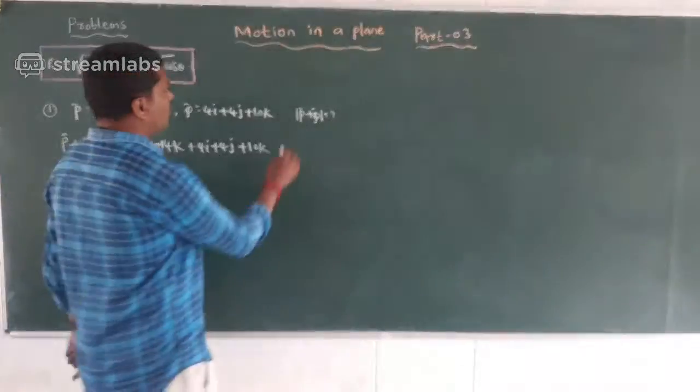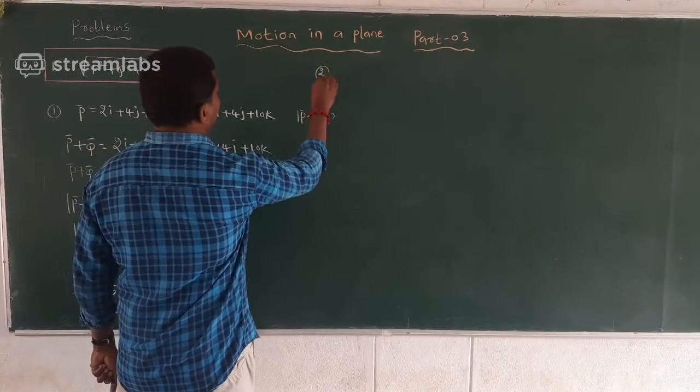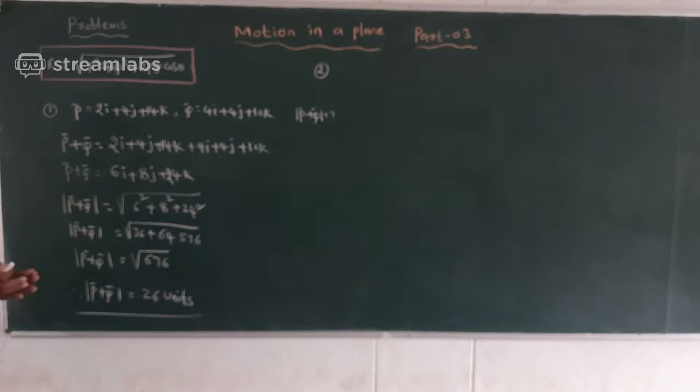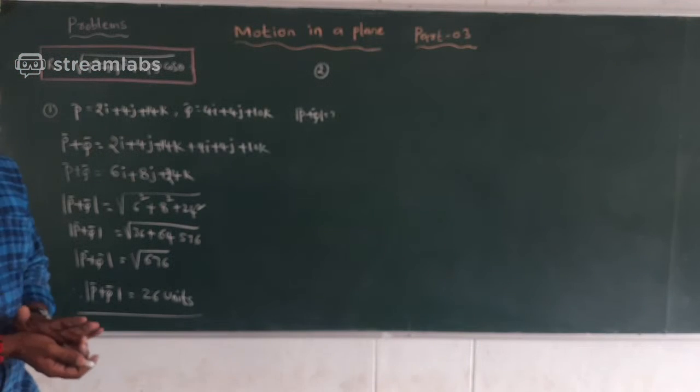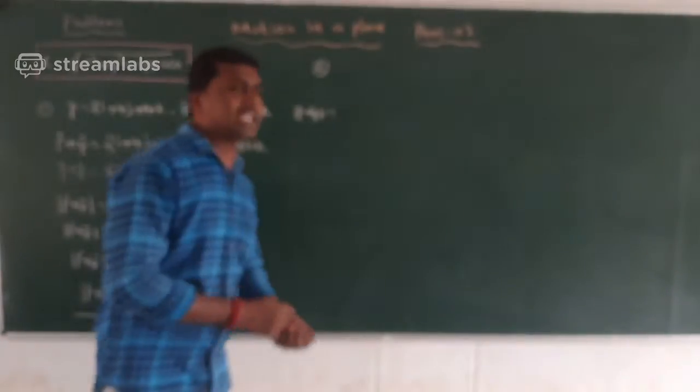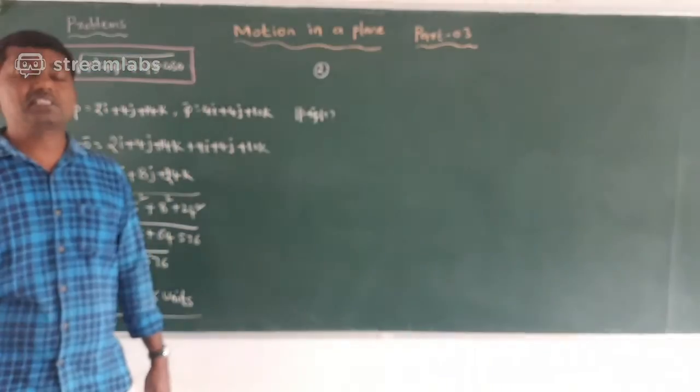And next we take the second problem. In the second problem, the given data is: two vectors of 3 units and 5 units, and the angle between the two vectors is 60 degrees. Then we can find the magnitude of the resultant vector.